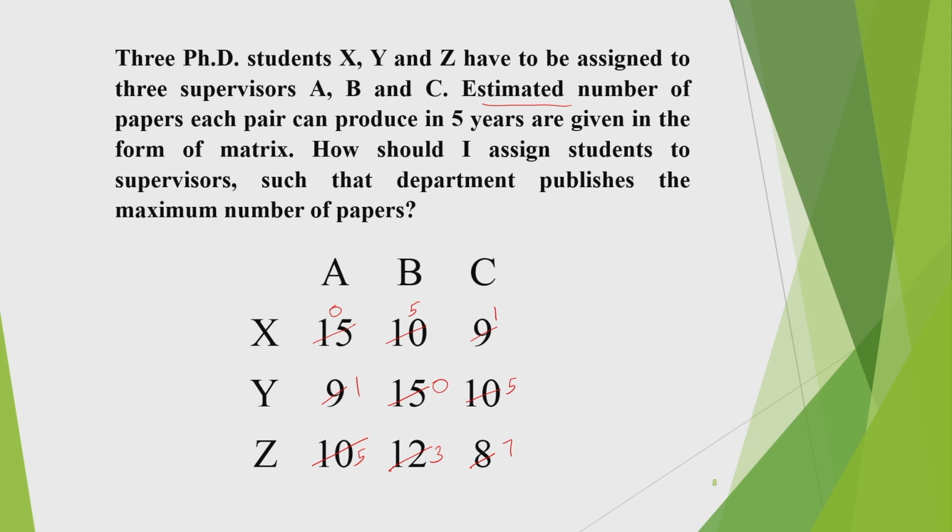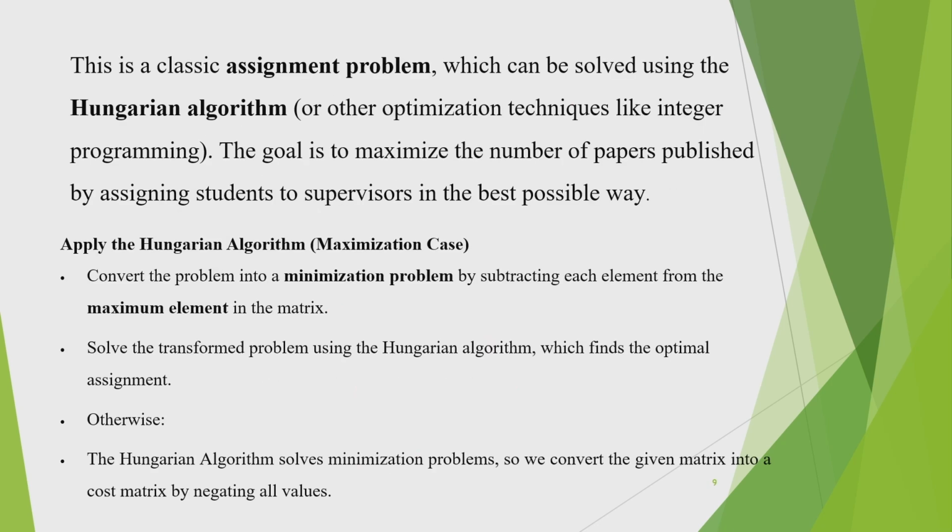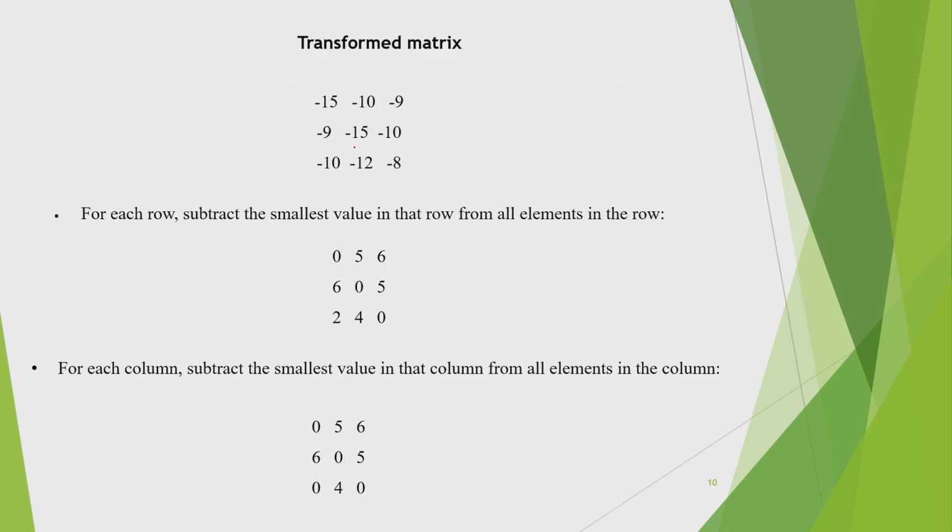So your tendency will be to assign X to A like that, because with X you will get 15 papers there, is it not? But anyway, both the things can be done, but I am negating these to minus 15, and then following the same procedure. For each row, subtract the smallest value in the row from all elements in the row. So suppose minus 15 is the smallest, then you subtract it here, 0, 5, 6. Basically you got the same type of penalty here.